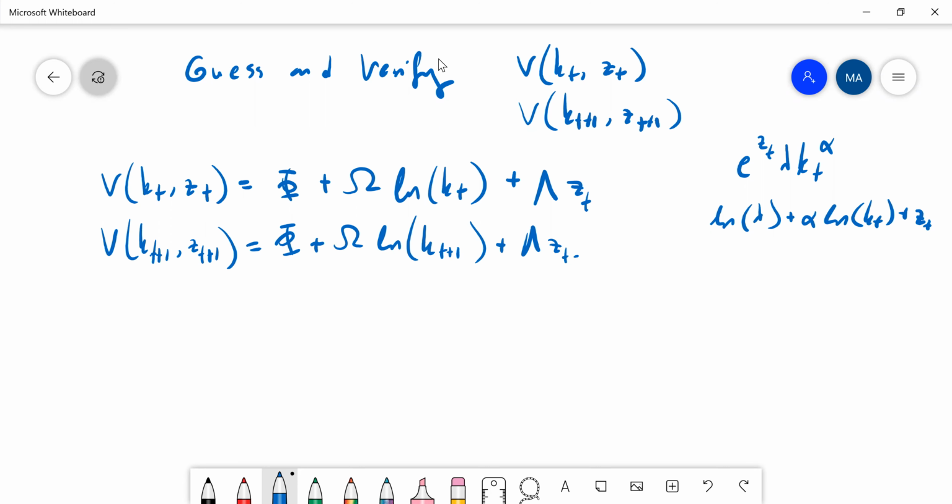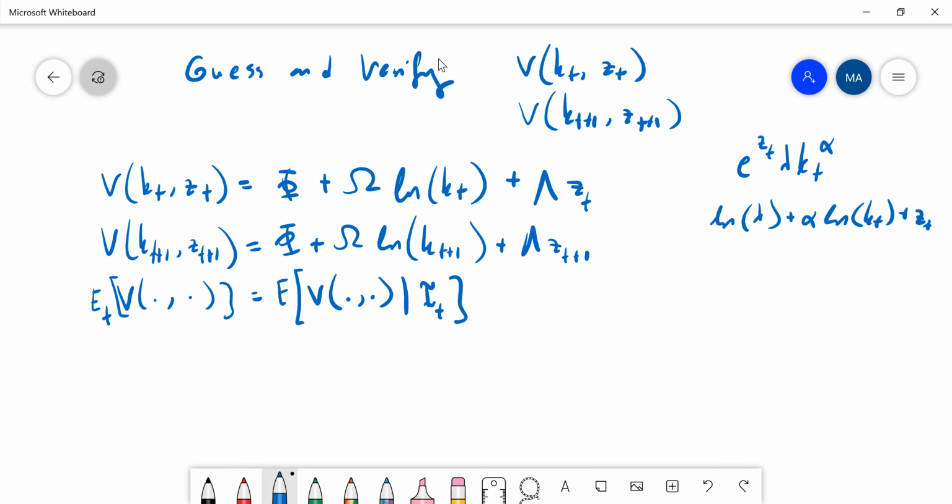Now be careful, you're interested in the expected value of this. This expectation will be written in this way. It is the expectation of V conditional on information you have at t.